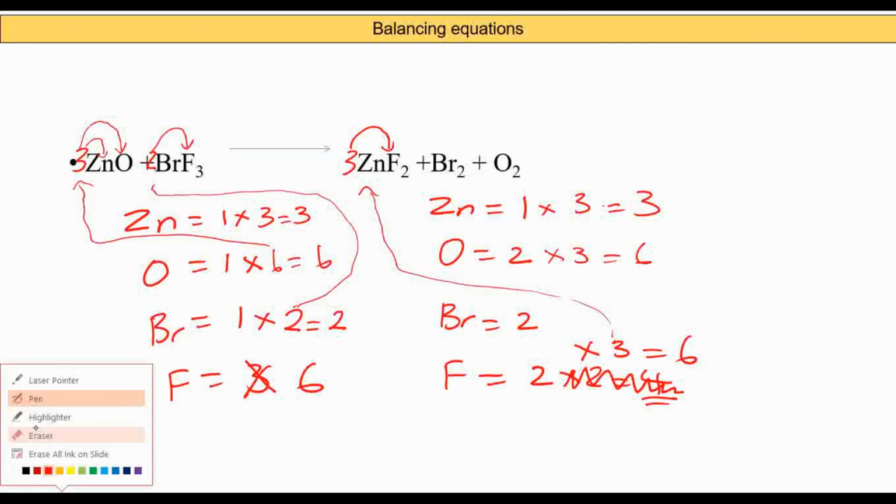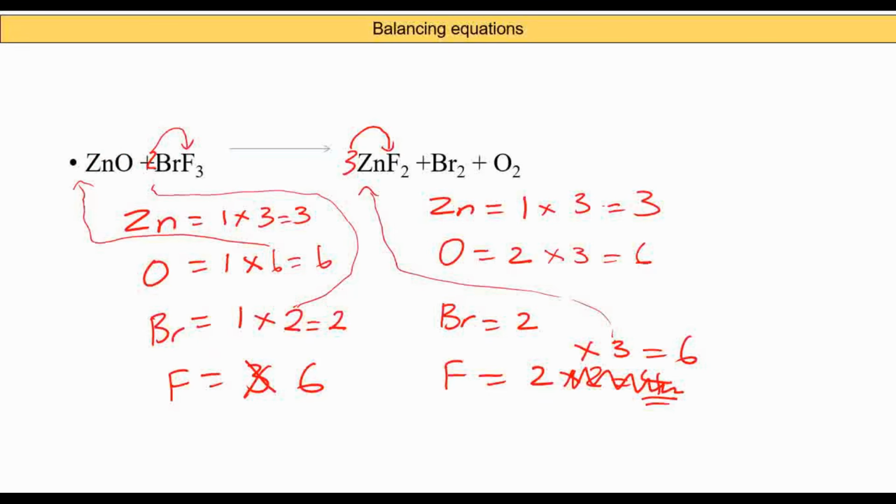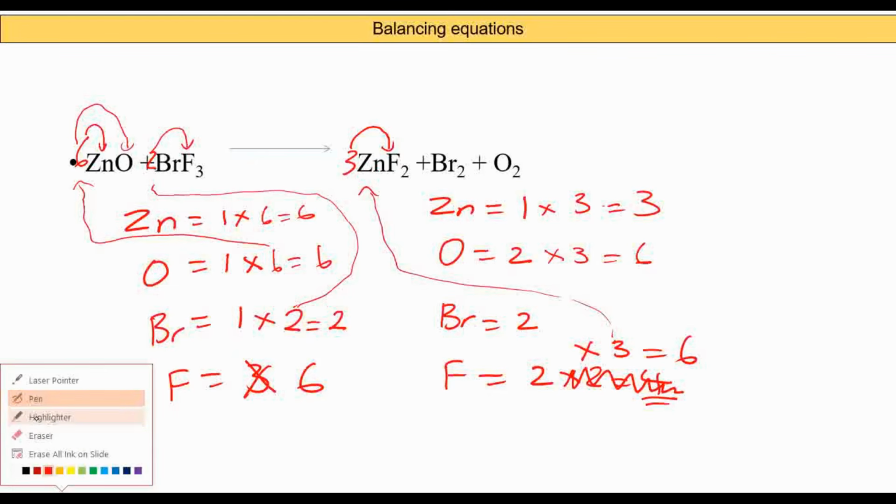So the 3 has to go. That's now going to be 6. So now I have 6 zinc, which means I'm going to have to change the 3 here to a 6. Now I have 6 zinc, 6 oxygen. So now I need to go back on the other side and change that.